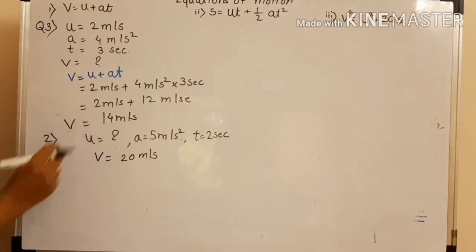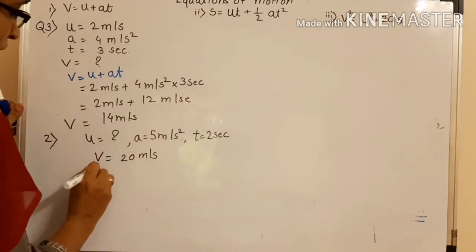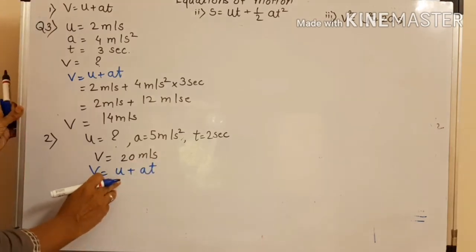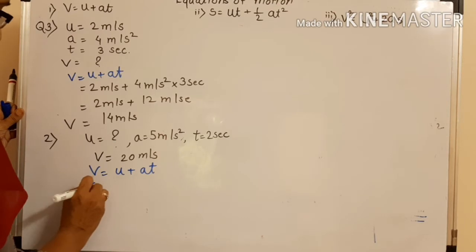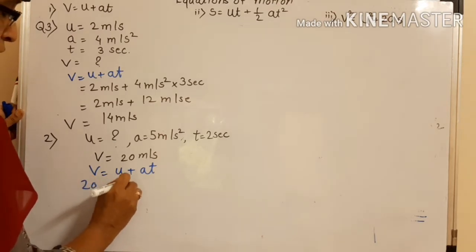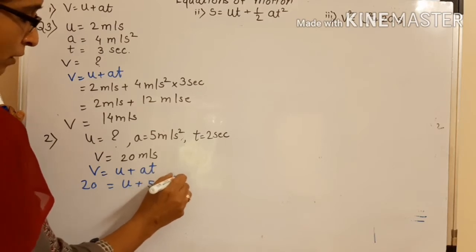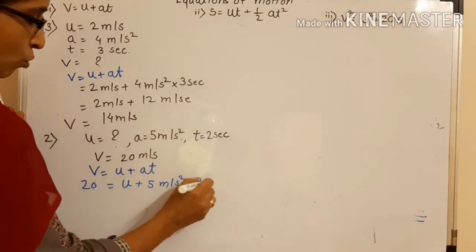You have to find u. The same formula, v is equal to u plus at. Substitute v as 20, which is equal to u plus a as 5 meter per second square, into t 2 seconds.